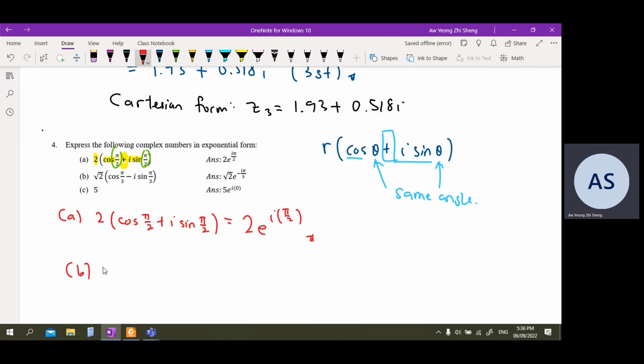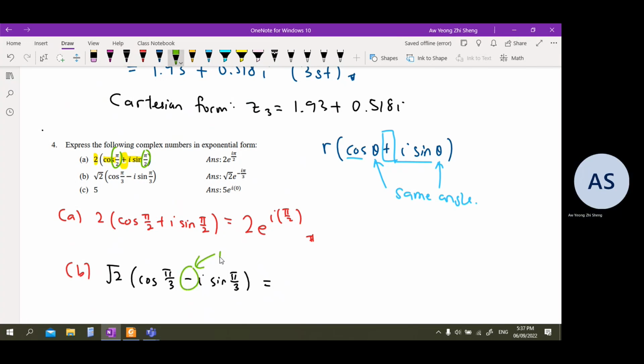Okay. For part B, this one is tricky. Okay, so this number, it appears as if it is in modulus argument form, but actually it is not. Because although you have cos followed by I sin, you have the same angle pi over 3, but the problem is the sign in the middle is not a plus.